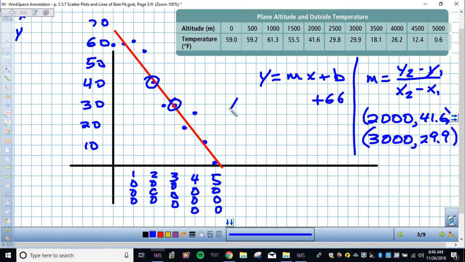So we know we have the y equals. What we're looking for now is the m here. And we're going to have some crazy fraction. y2 minus y1, 29.9 minus 41.6. Ooh, frozen. Oh, don't worry.